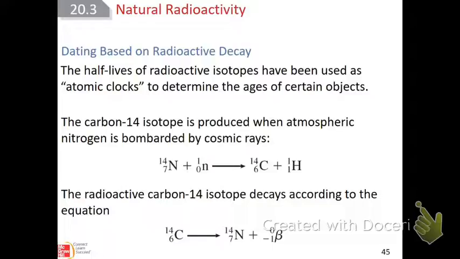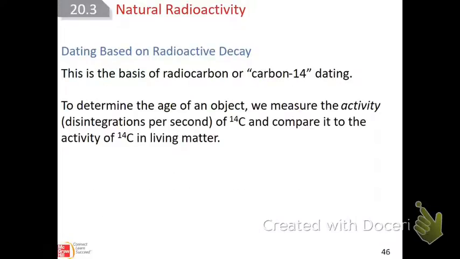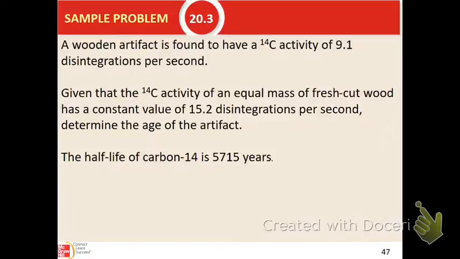That's what's used there. The problem with carbon-14 dating is that after about 4,000 or 4,500 years, carbon dating can be very unpredictable.